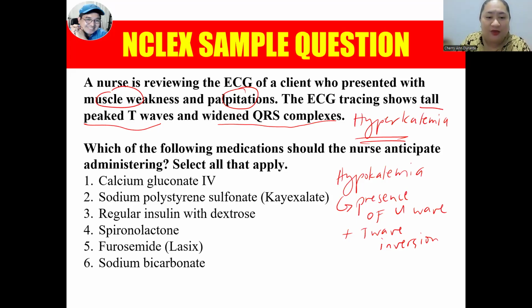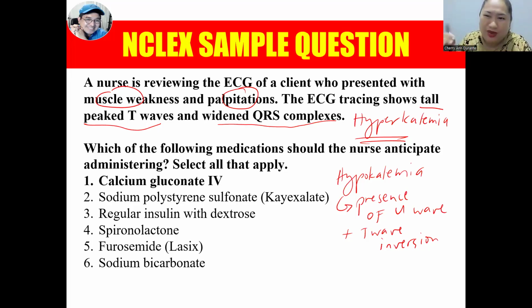Which of the following medications should the nurse anticipate administering? You have here several medications. Please tell me, should I give calcium gluconate? Yes or no? On the chat box, please. Calcium gluconate. Very good. The correct answer is yes. Why should I give calcium gluconate to a patient with hyperkalemia?